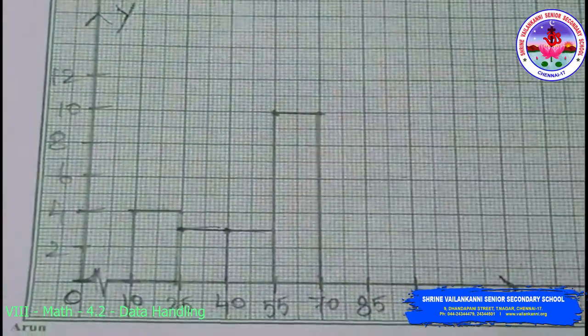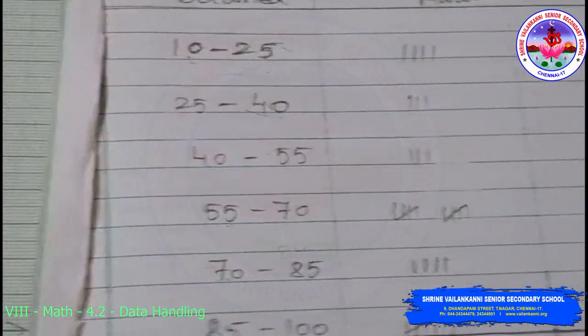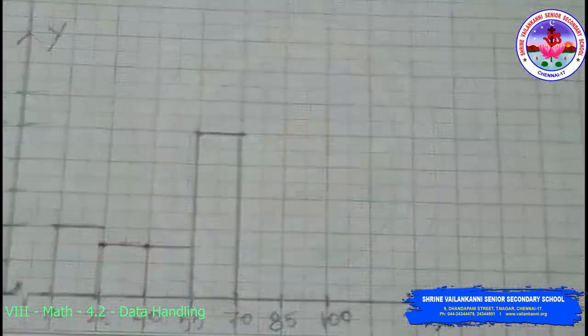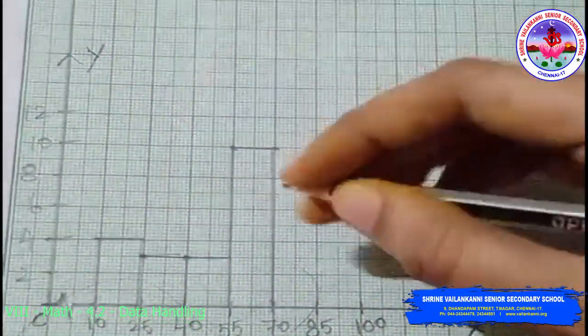The next class interval is 70 to 85. The frequency value is 4.